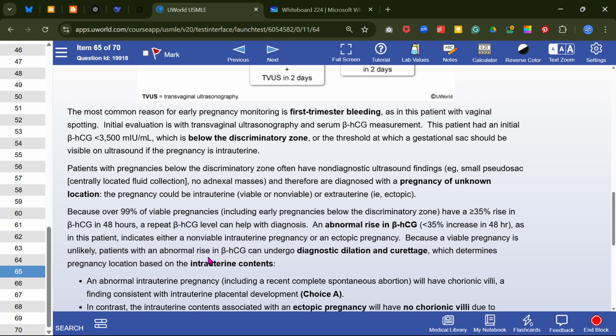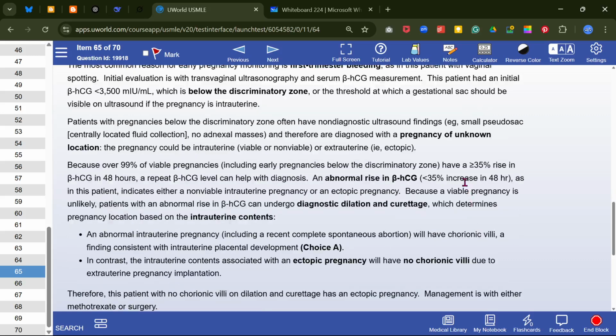So it looks like ectopic pregnancy. An abnormal rise in beta-hCG of less than 35% in 48 hours in this patient indicates either a non-viable intrauterine pregnancy or ectopic pregnancy. Because viable intrauterine pregnancy is unlikely, an abnormal rise in beta-hCG can undergo D&C, which determines pregnancy location and intrauterine content.